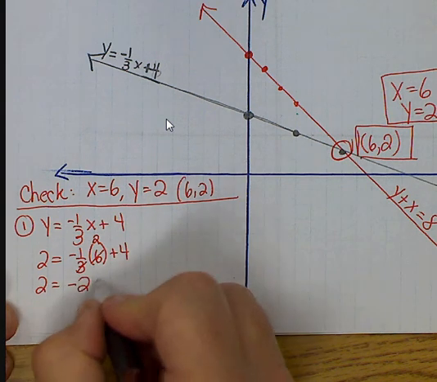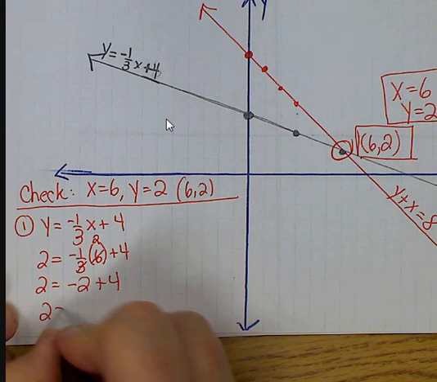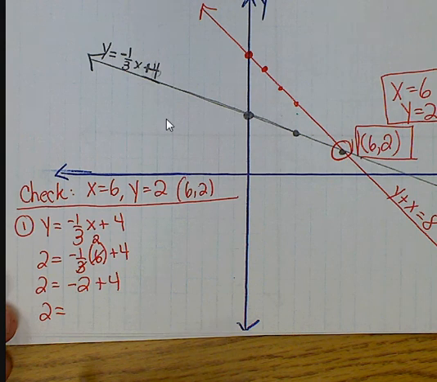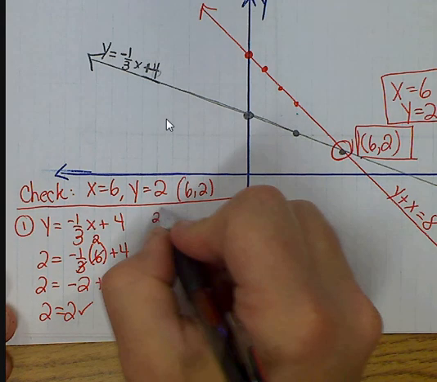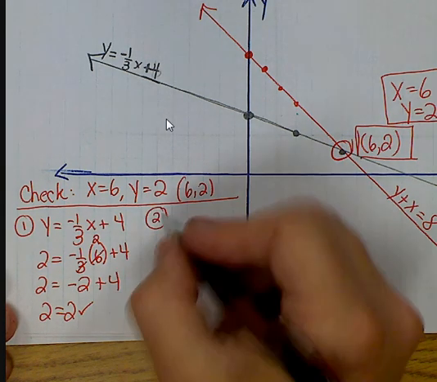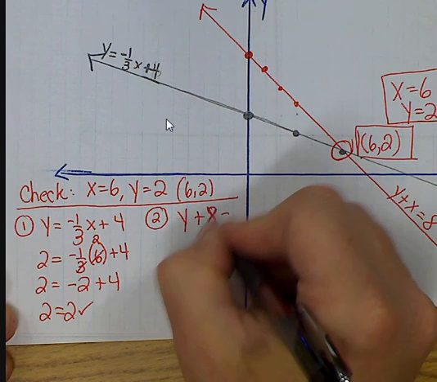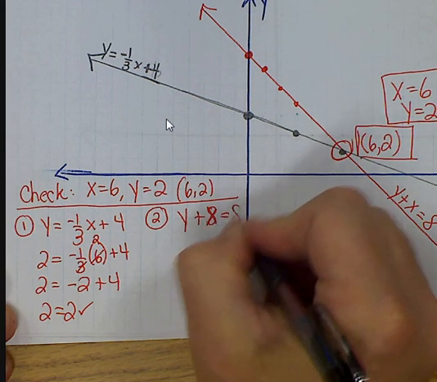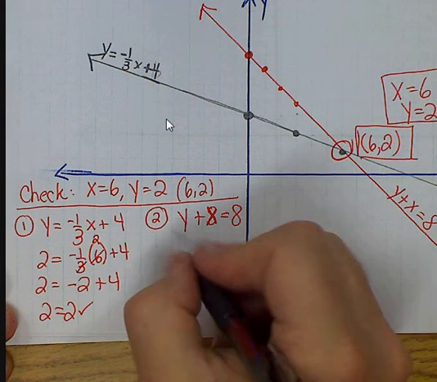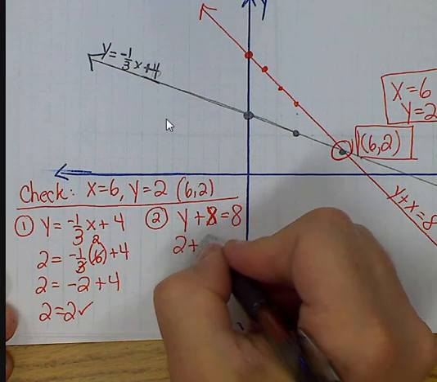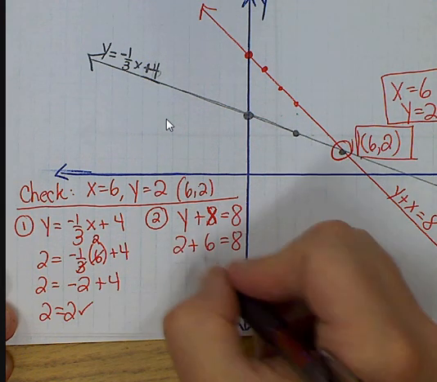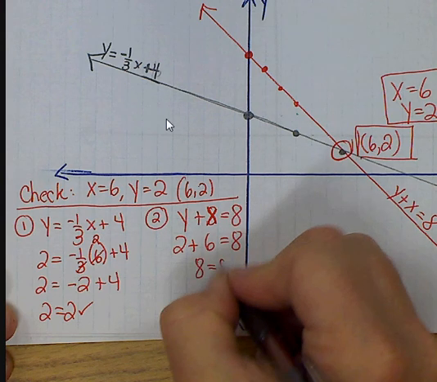Negative 2 plus 4. Is 2 equal to negative 2 plus 4? 2. Yep, it is. Check. And then I have to check the other equation too, the original y plus x is equal to 8. Well, y is 2 plus 6 is equal to 8. What's 6 plus 2? And we're good.